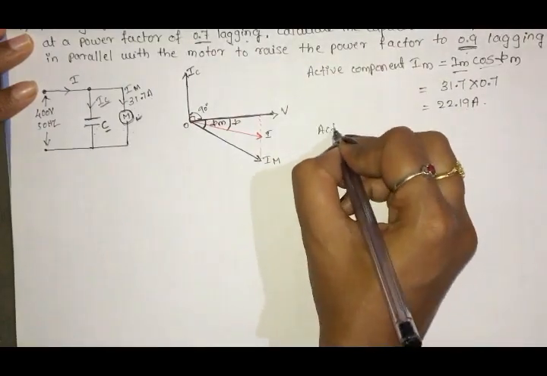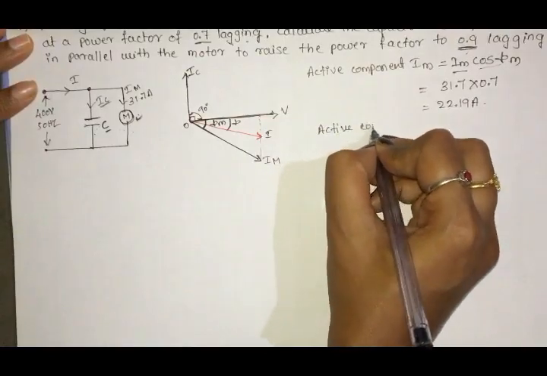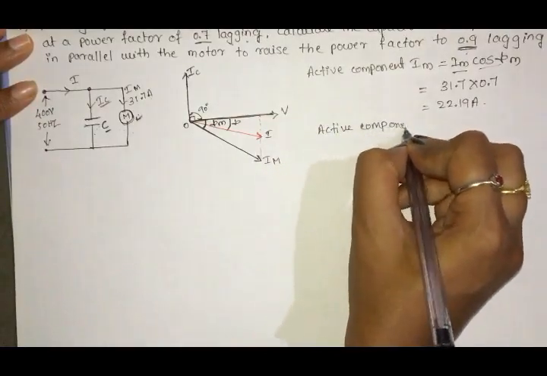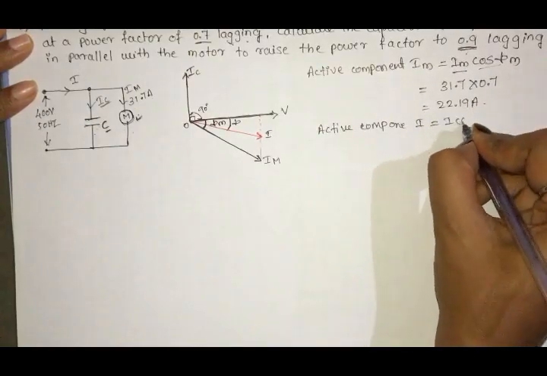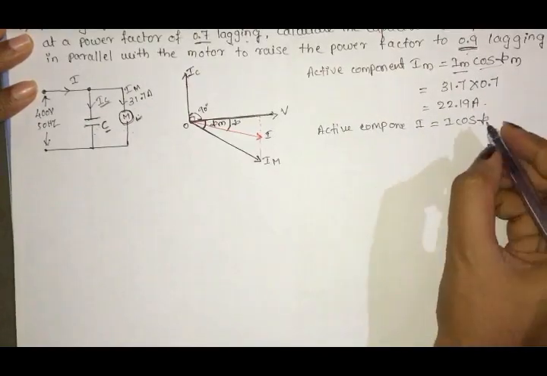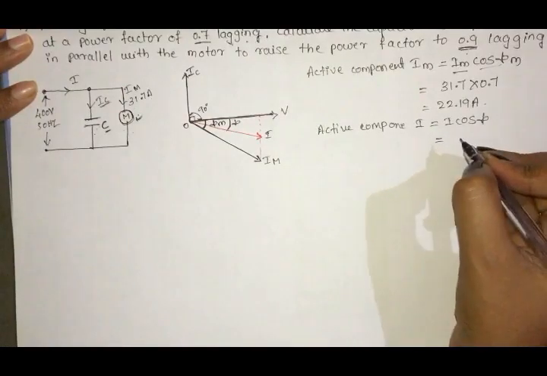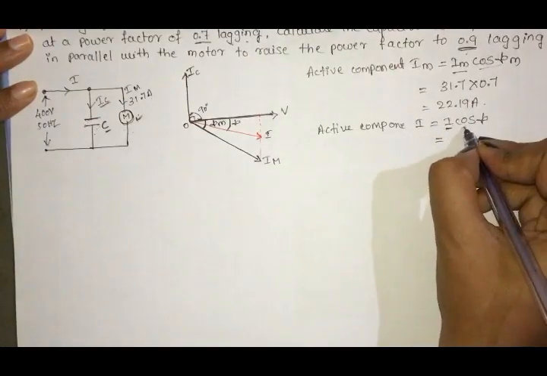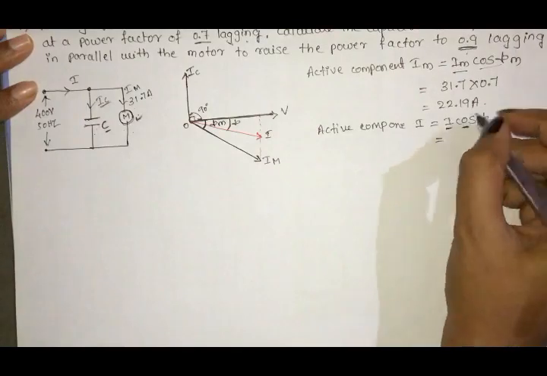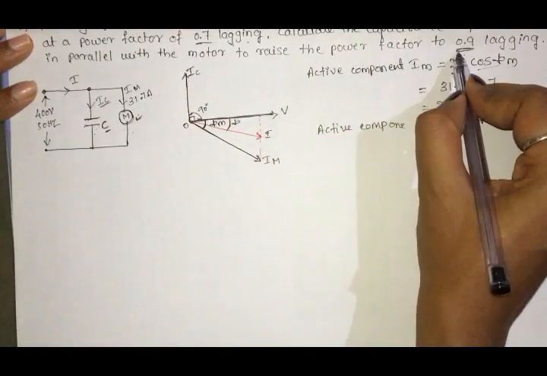Next, the active component for the capacitive, so I cos phi. We don't know the I value. We know only cos phi, which is 0.9 lagging.